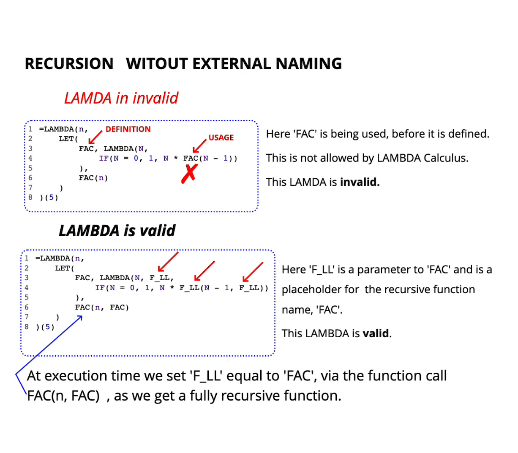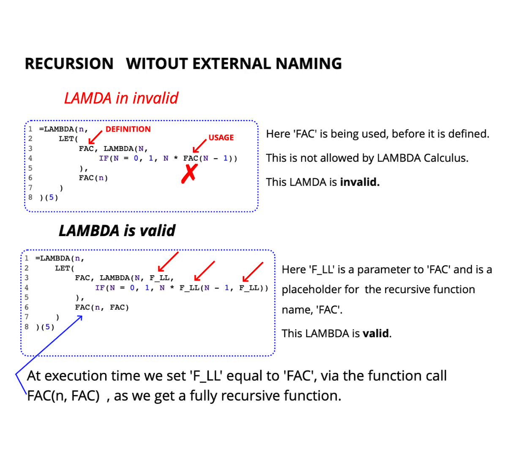Note, we now need to include the recursive calling function's name in the parameter list, so our recursive function will now have 2 parameters instead of 1. The placeholder function must have the same parameters as the original recursive function, so it too will have 2 parameters.